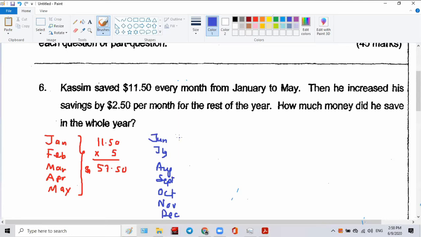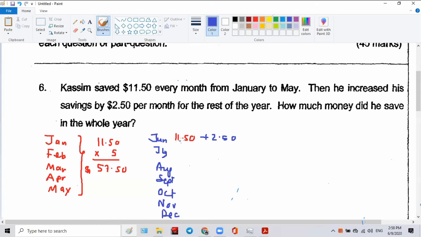All right. So then he increased his savings by 250. That means this month would have been 1150, but he is going to increase. Increase by what? 250. Do you understand?